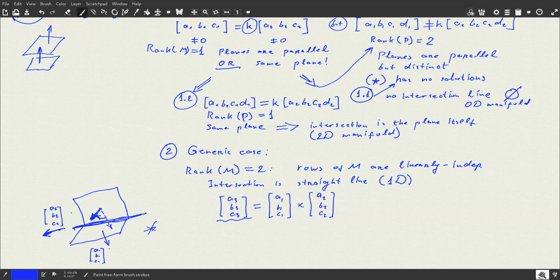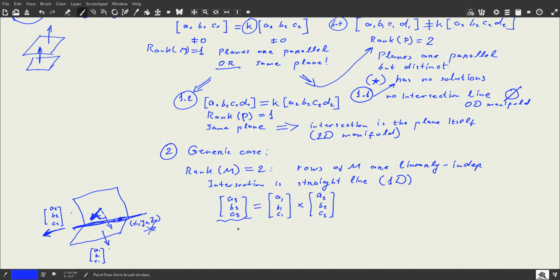So we already have the directing vector of our intersection line. Obviously, this is not enough to specify our line, and we still need to find some single point x0, y0, z0, which belongs to both of them.